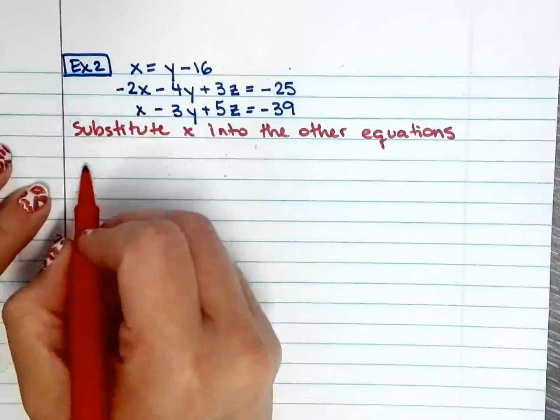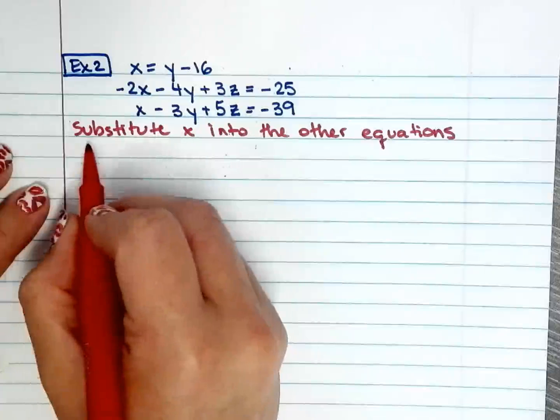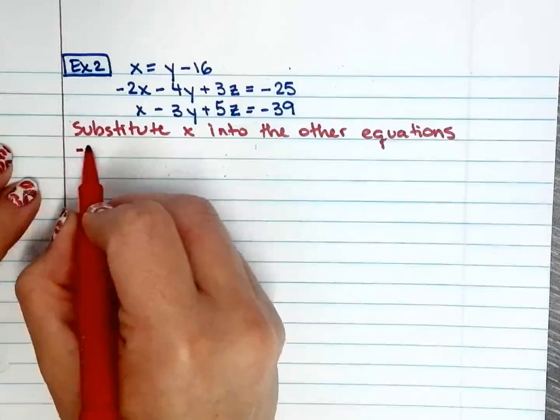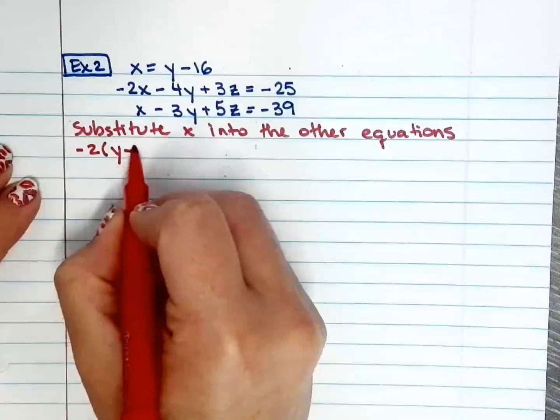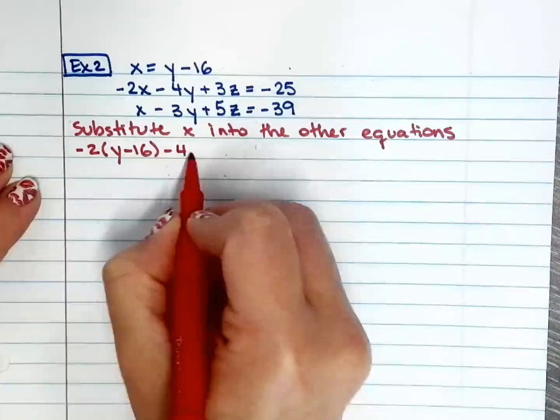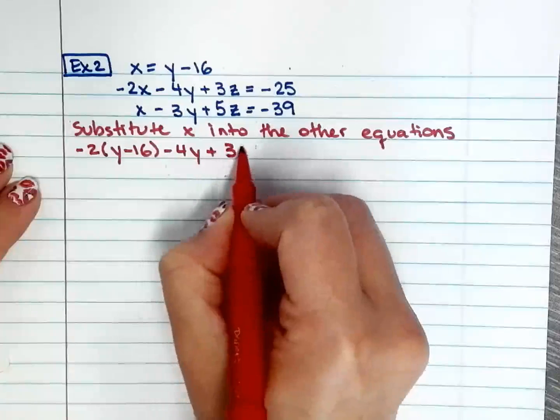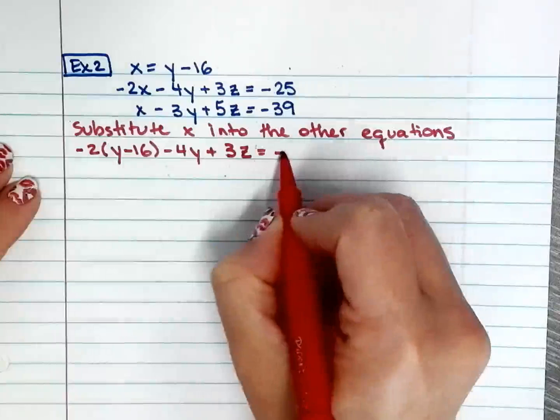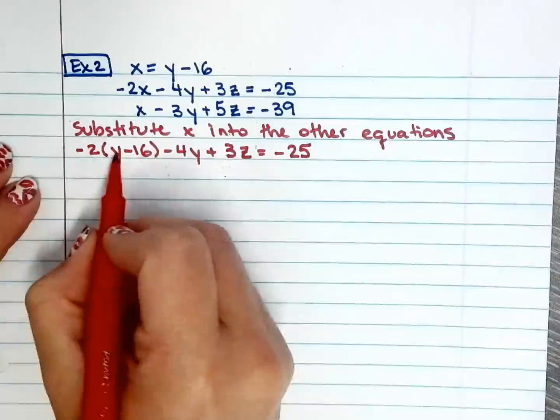Okay, so substituting in the first one, distribute -2.